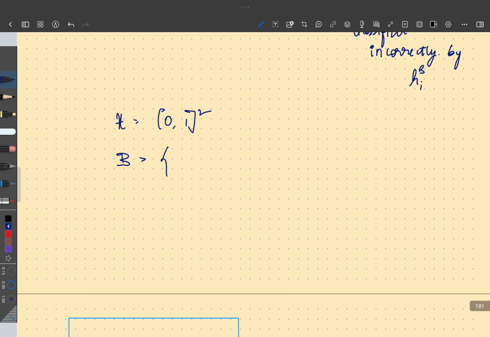My base class consists of classifiers h of x1, x2, which take the form indicator of xi greater than or equal to theta.